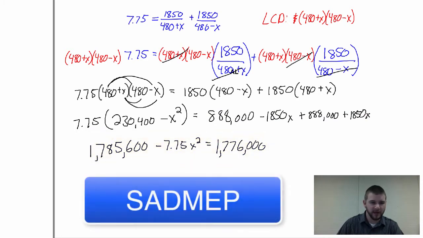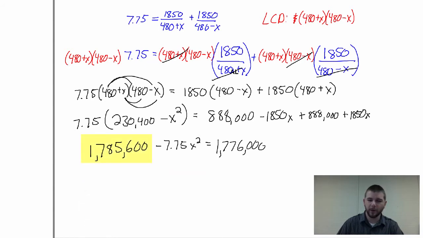So I will first subtract 1,785,600 from 1,776,000 and then divide both sides of the equation by negative 7.75 and finally apply the square root to both sides of the equation.